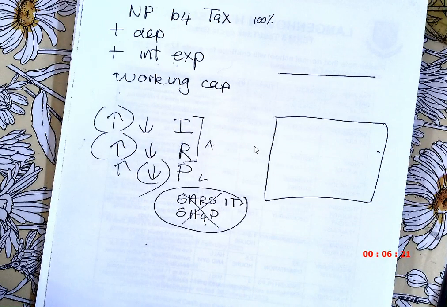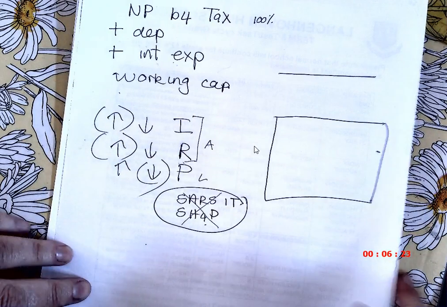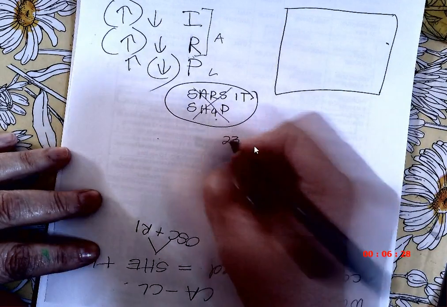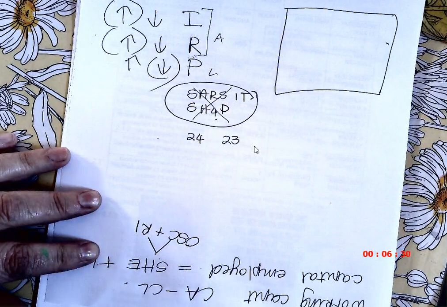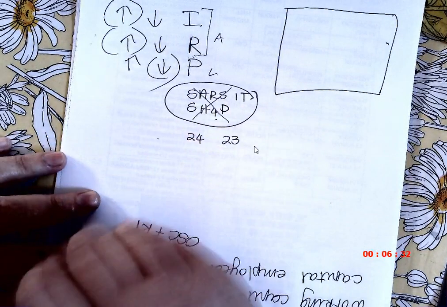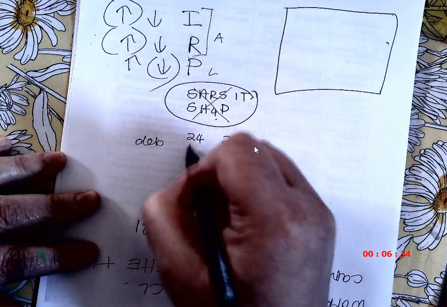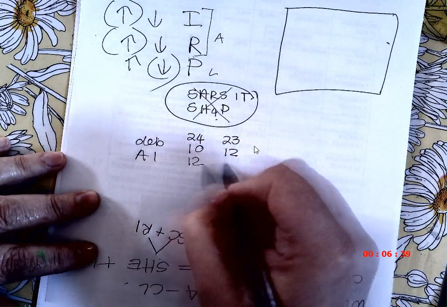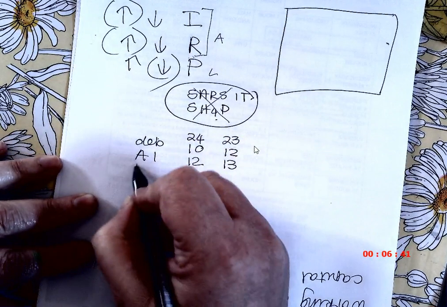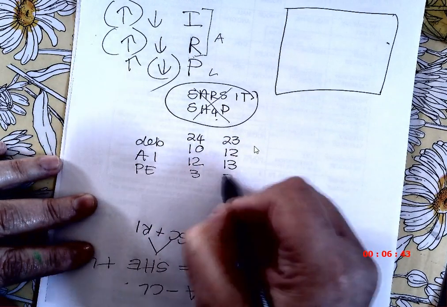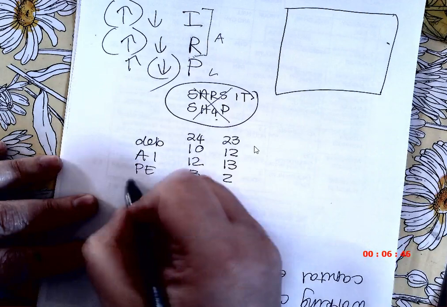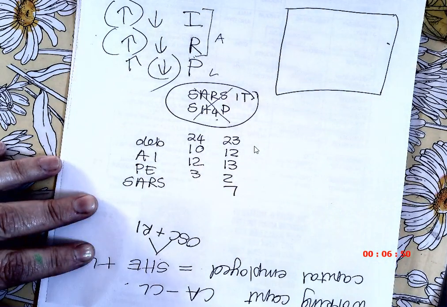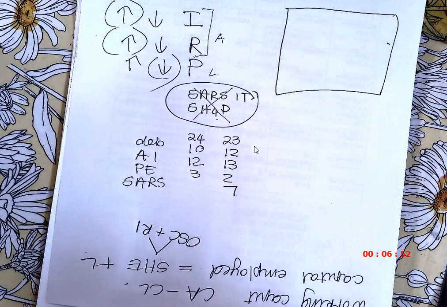Okay. So, in other words, if they were to give you, for instance, they will say this is 23 and this is 24, and they tell you you have debtors 10 Rand and 12 Rand, accrued income 12 and 13, prepaid expense 3 and 2, and then they say to you, you have SARS here 7, and what are you going to do?